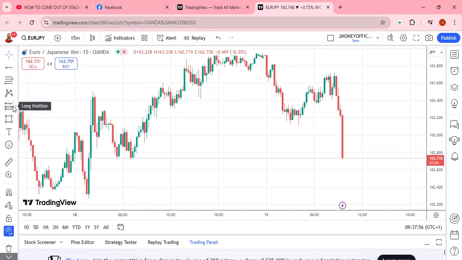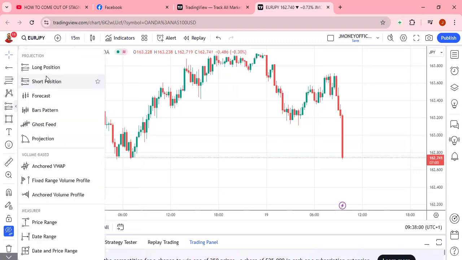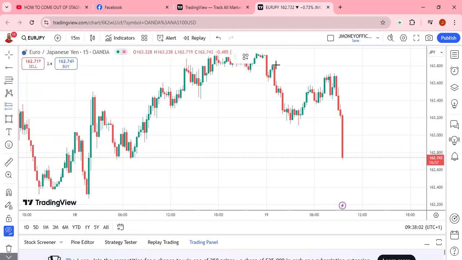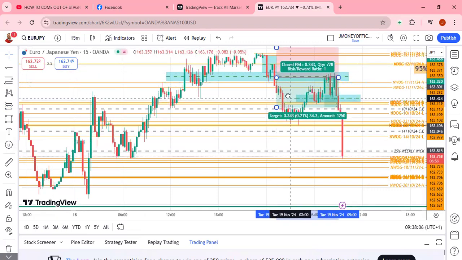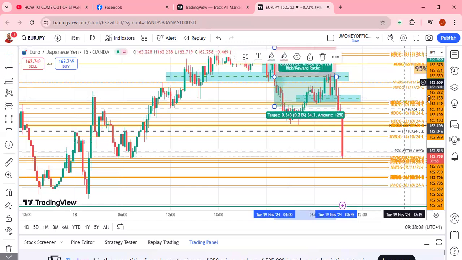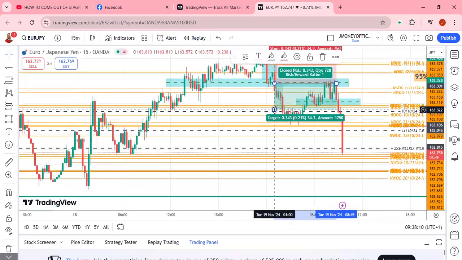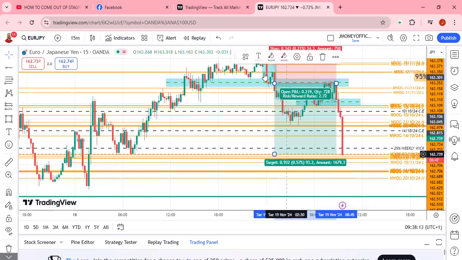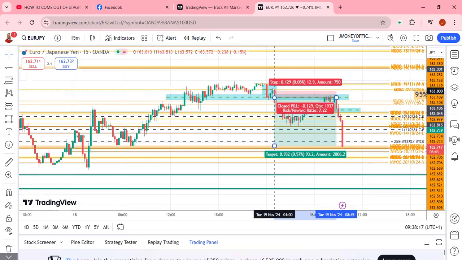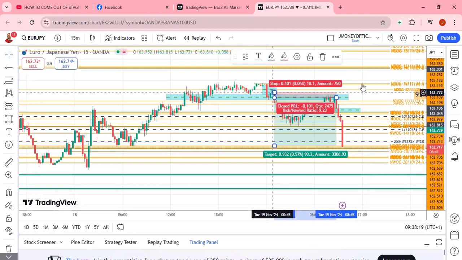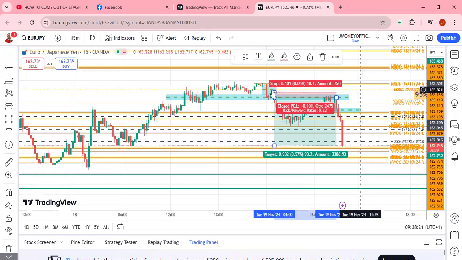This one I use because of measuring, for example, if I want to buy or sell. You see, anytime I put any drawing, all of these come back. This is just a measurement tool for buy and sell. I want to know how much I'm risking and how much I'm going to get at the end of the day. Those are some of the things you can equally take advantage of.